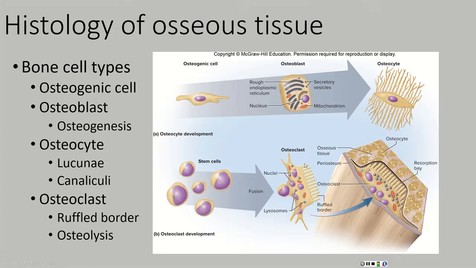There are lots of places in the body where one side of a cell has a lot of microvilli, and when that's the case, it's usually called the ruffled border because under a microscope, it looks a little bit ruffly. But this ruffled border secretes enzymes like lysozyme and a few other enzymes that are responsible for breaking bone down.